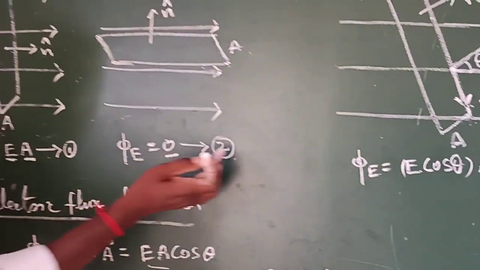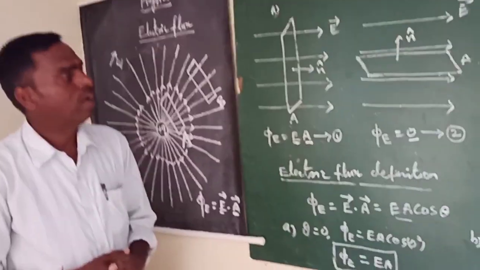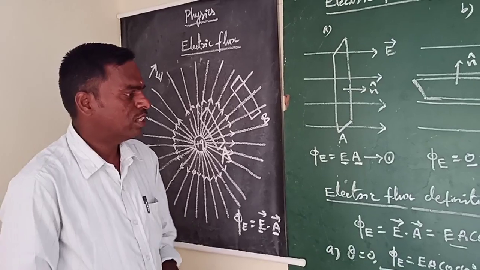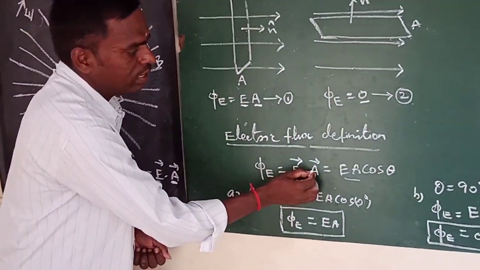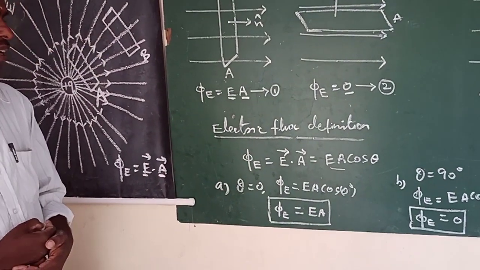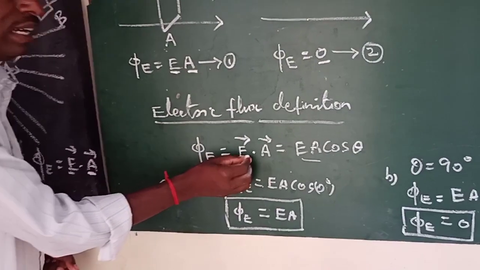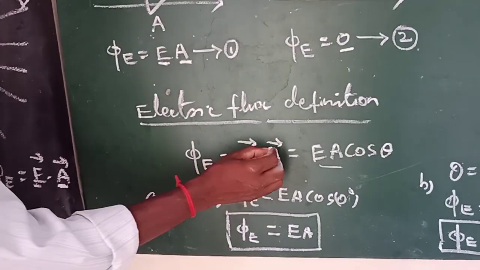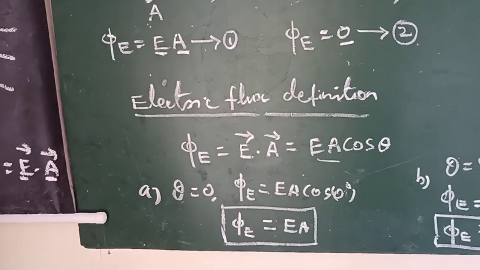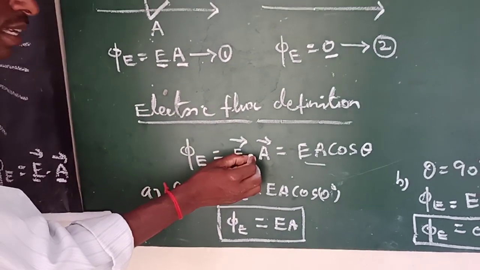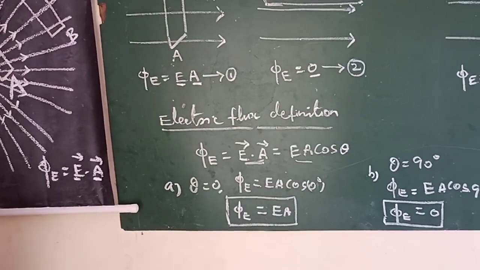So these are equation 1, equation 2 and equation 3. In general, for a uniform electric field, by the definition of electric flux, phi of E is equal to E vector dot A vector. Because E vector, the electric field intensity, is a vector quantity, and the area vector is also a vector quantity, this product is the scalar product or dot product.